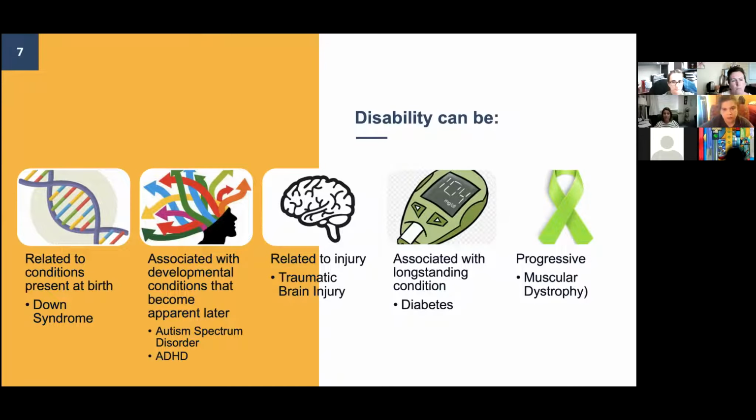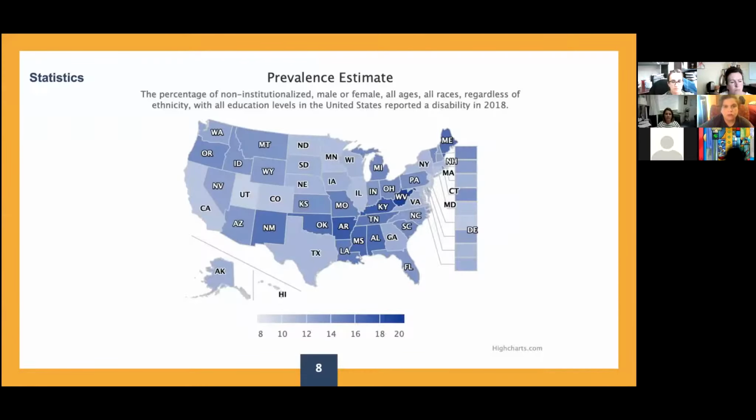Something related to another condition, such as diabetes. And I know in some presentations, we've also talked about connections with patients who have had a cancer diagnosis. And then a disability that might be progressive over time, such as muscular dystrophy. So the impact can be varied based on a lot of factors, even within a disability.